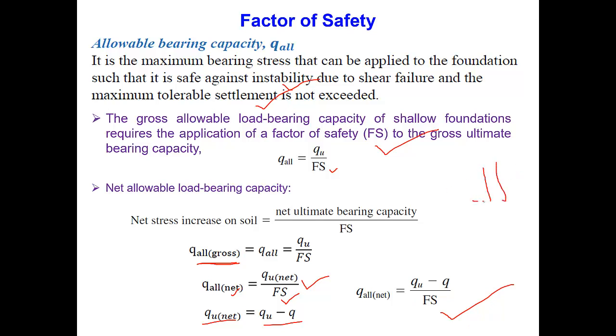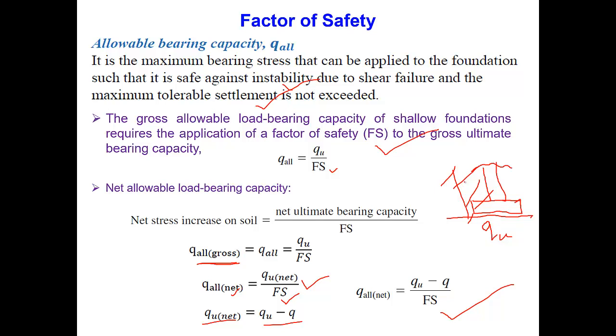Suppose this is the footing, right? Under this footing, you calculate the QU. Suppose this is the capacity of the soil, you already calculated. Now you calculate the soil without considering the effect of surcharge, right? These depths, or this soil effect.